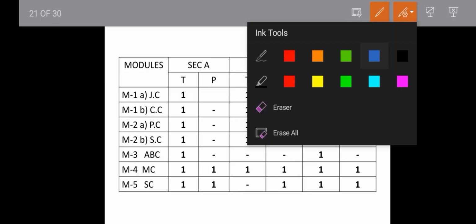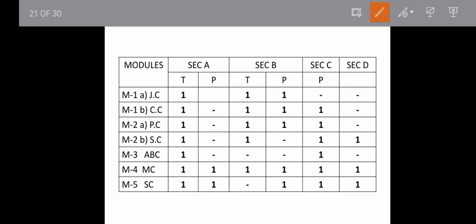Next, let's go to 10 marks questions, section D. Leaving job costing, all other chapters have been given questions. That means control costing, process costing, service costing, ABC costing, marginal costing, standard costing.